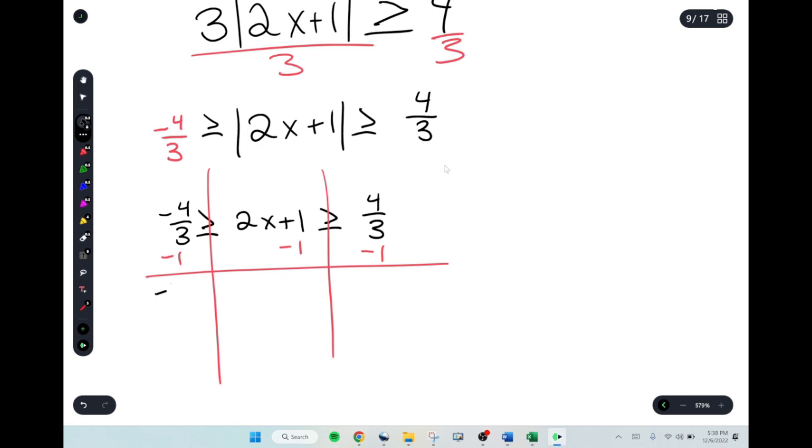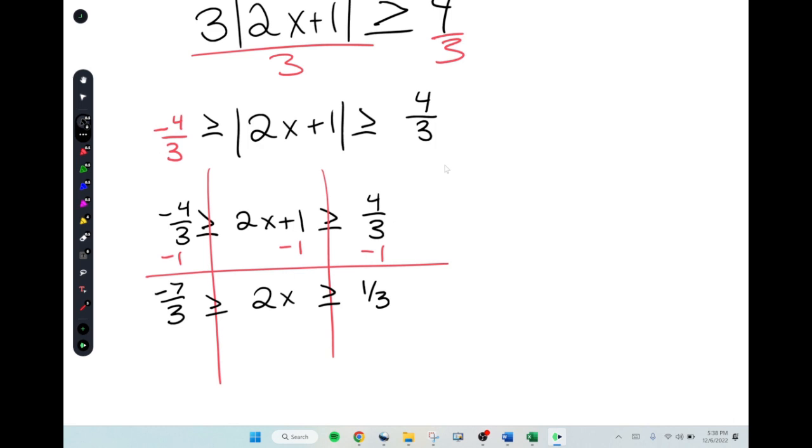We should be good at subtracting 1 from a fraction. Negative 7 over 3, less than or equal to 2x, less than or equal to 1/3. Good call. How is it 7 over 3? How is subtracting 1 from that equal to 7? That's subtracting fractions. It's the same thing as 3 over 3.